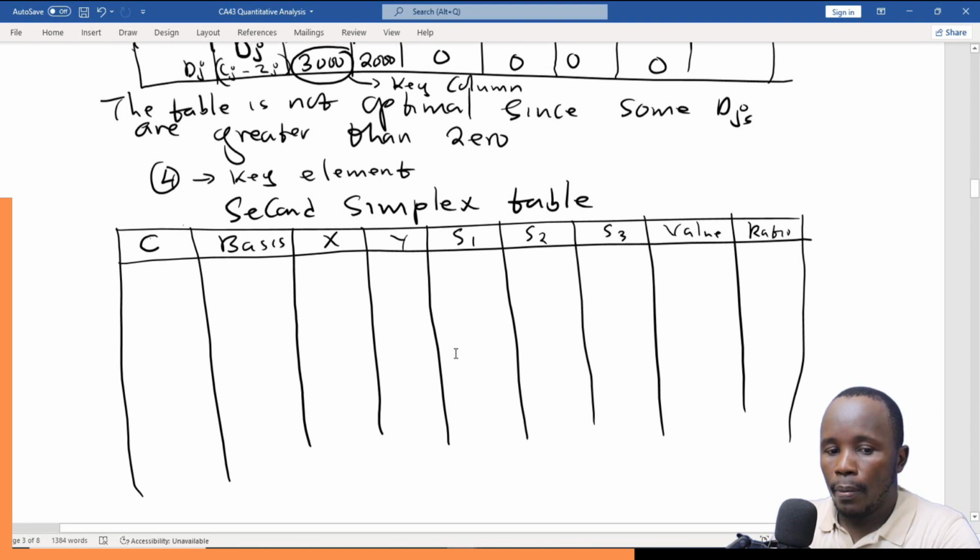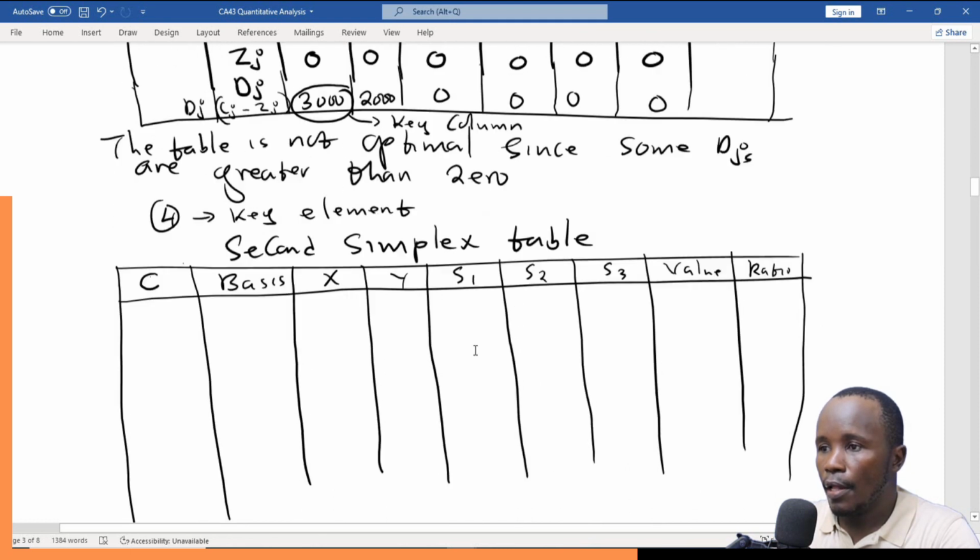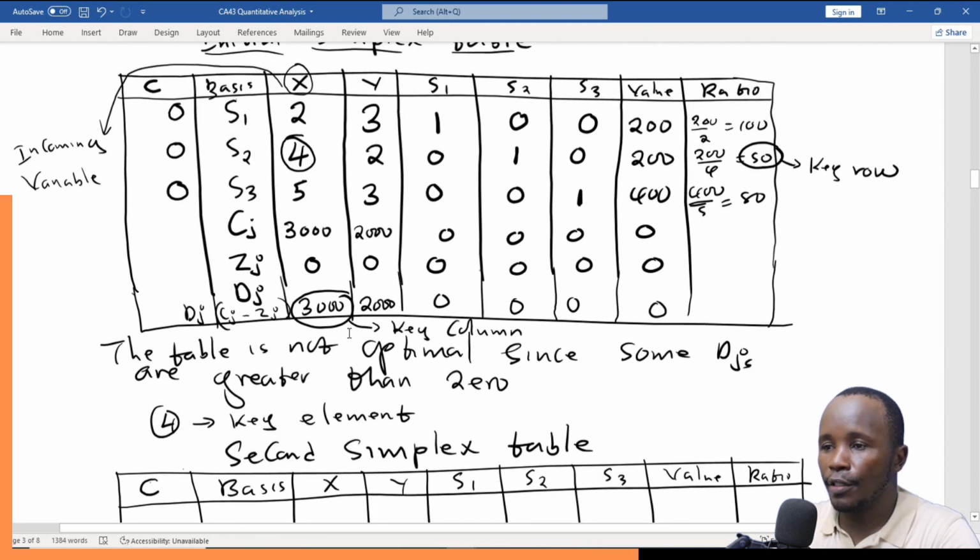The first thing you need to note as we transfer is this: the point where the key row and the key column intersect gives us the key element.